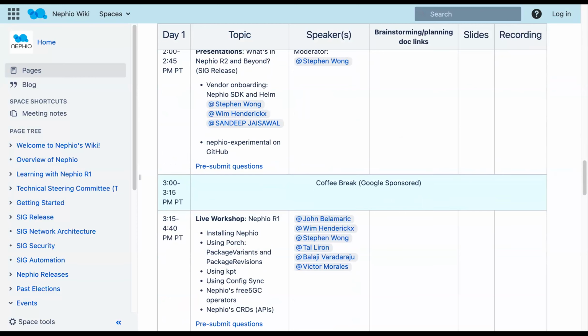Yeah, my only question, Steven, is we are vendor onboarding, Nephew SDK, and Helm. We have 3 people, way more than that. I look at the list of folks. I know Fiacra is not going, but I'm talking about if your name is listed on the left-hand side under topic, I'm understanding that they are expected to present something, right?